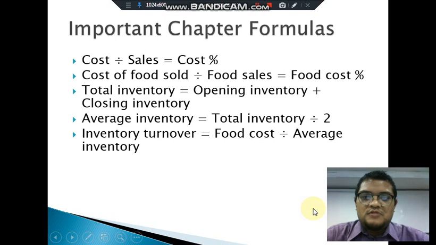I'm not going into this slide because you have learned how to calculate cost percent, how to calculate food cost percent. Food cost percent and cost percent use the same calculation formula. And how to calculate total inventory, average inventory, inventory turnover. Guys, I don't plan to discuss this with you because it is not in the exam.